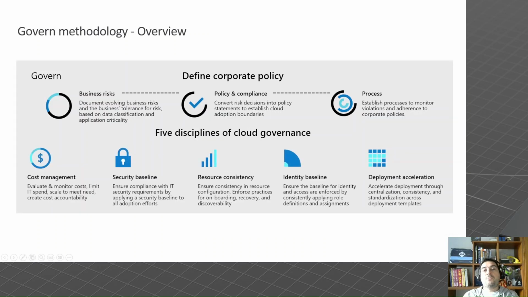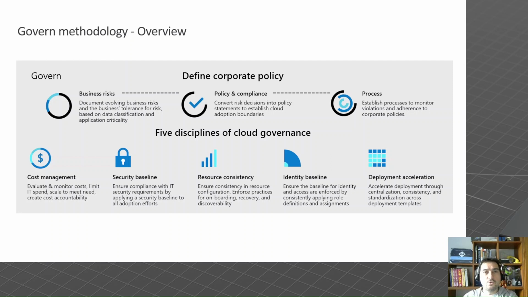On the governance side, right, we have the business risk, which is part of documenting the ever-evolving business risk and what's the tolerance of the business for that specific risk, on the data classification and specific application security. Policy and compliance, right?